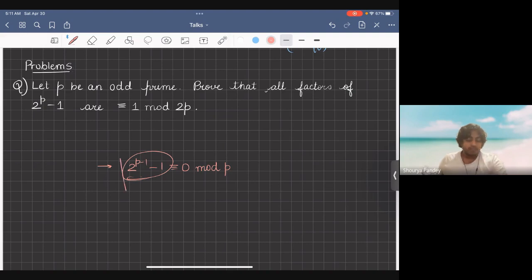This itself is divisible by p automatically, but we can't say that all factors of this are divisible by p, because that would mean that this is a power of p, which is not true. Unless I'm misunderstanding what you're trying to say.